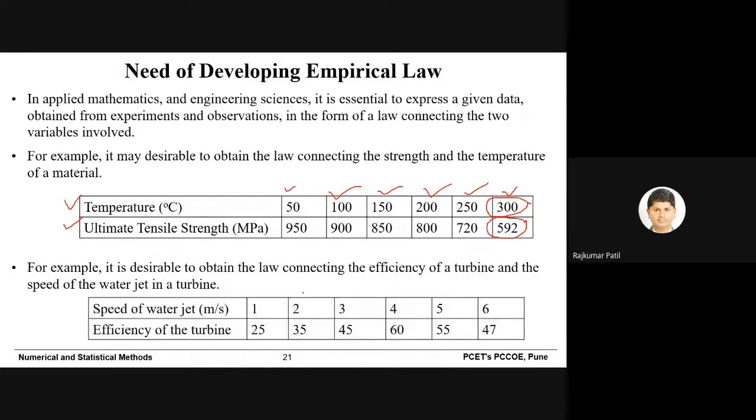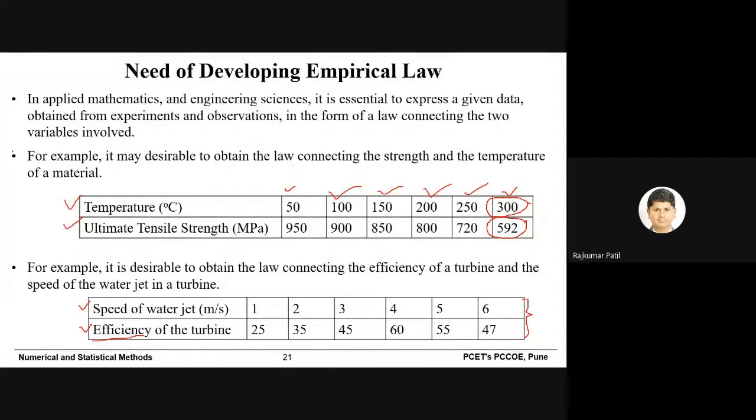Again, from this table, where the speed of water jet in a turbine and the corresponding efficiency of the turbine is given, once you develop the relationship between these two, you can actually design a turbine for the maximum efficiency in which we are interested.